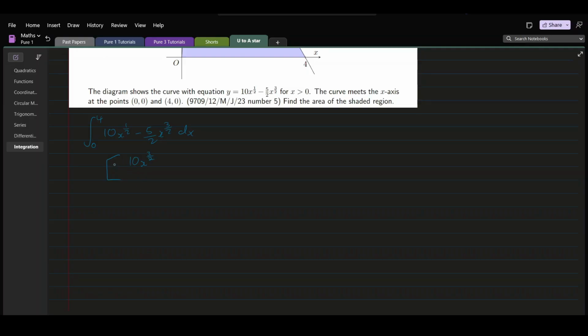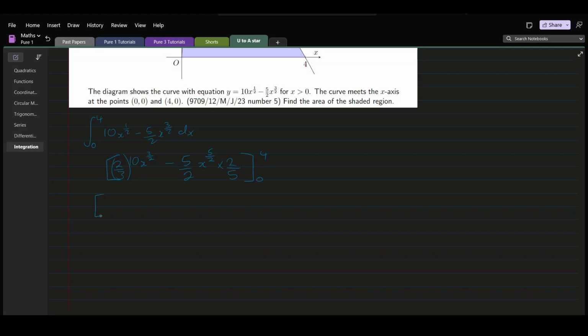That's the same as multiplying by 2 over 3. And then we've got negative 5 over 2 x to the 3 over 2. So add 1 to the power. That becomes 5 over 2. And then divide by this new power. That's the same as multiplying by 2 over 5. And our limits are 0 and 4.